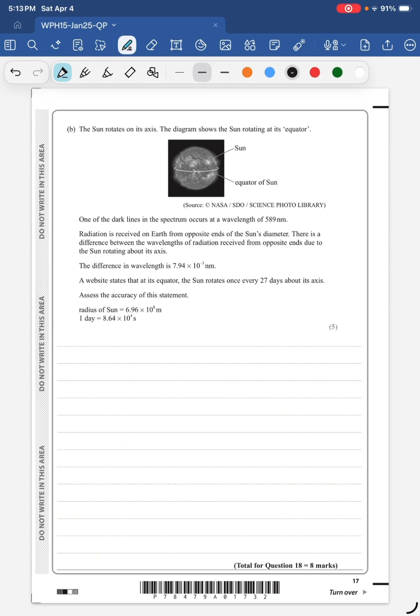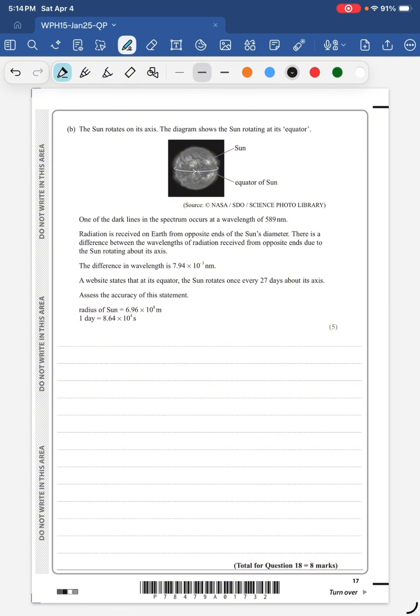There is a difference between the wavelengths of radiation received from opposite ends due to the sun rotating about its axis. The difference in wavelengths is 7.94 times 10 to the negative 3 nanometers. A website states that at its equator, the sun rotates once every 27 days about its axis. Assess the accuracy of this statement, and they give you the radius of the sun and 1 day in seconds.